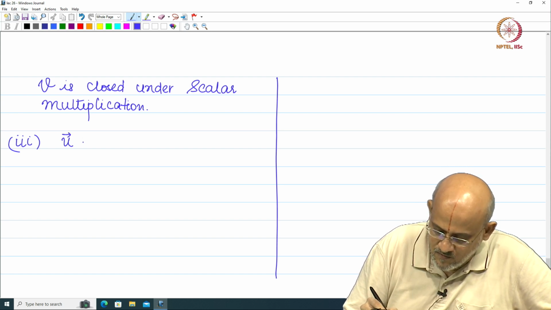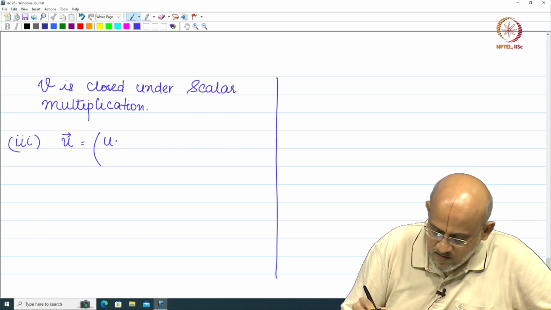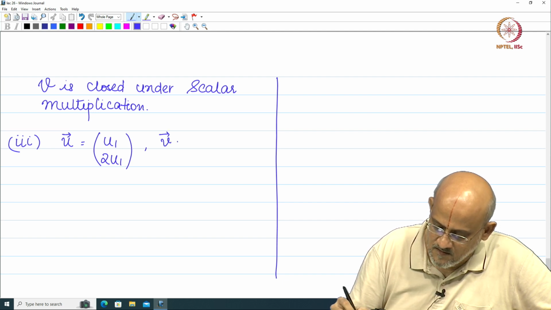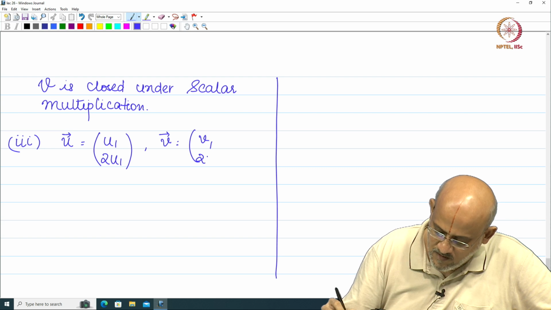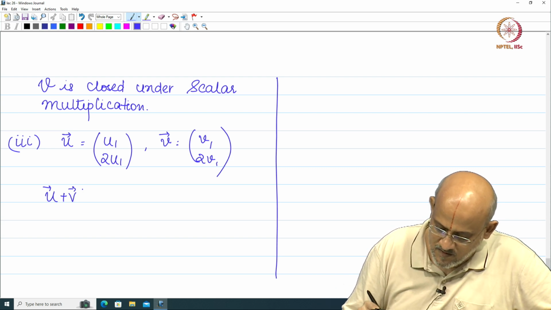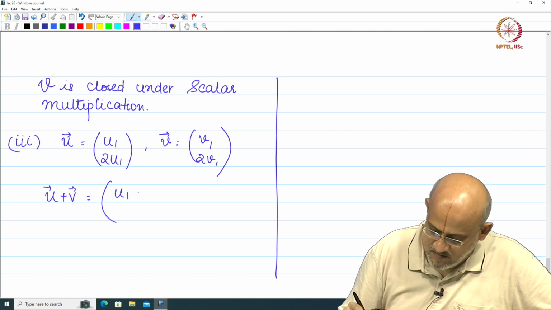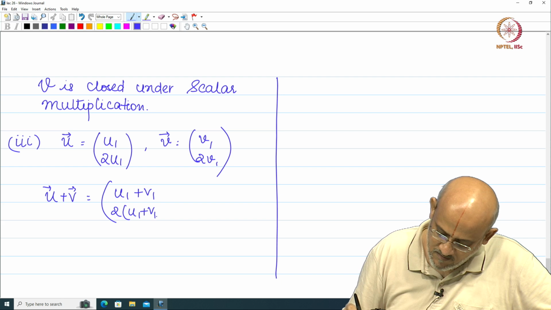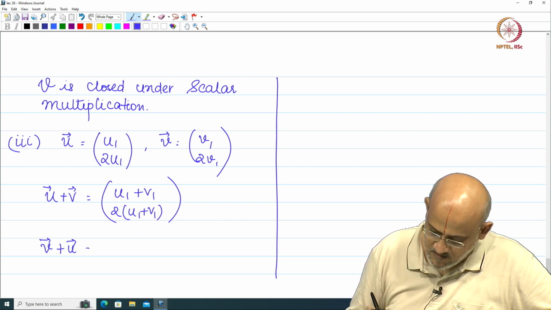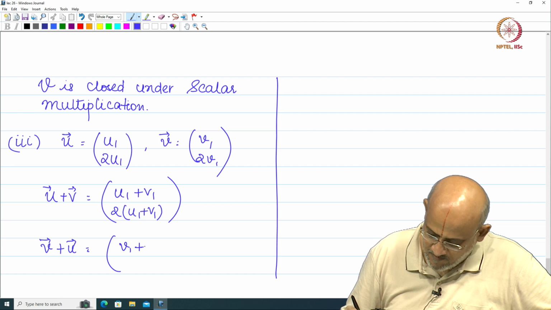So, we will take u equal to (u1, 2u1) and v equal to (v1, 2v1). So, u plus v is nothing but (u1 plus v1, 2 times (u1 plus v1)) and v plus u is (v1 plus u1, 2 times (v1 plus u1)).